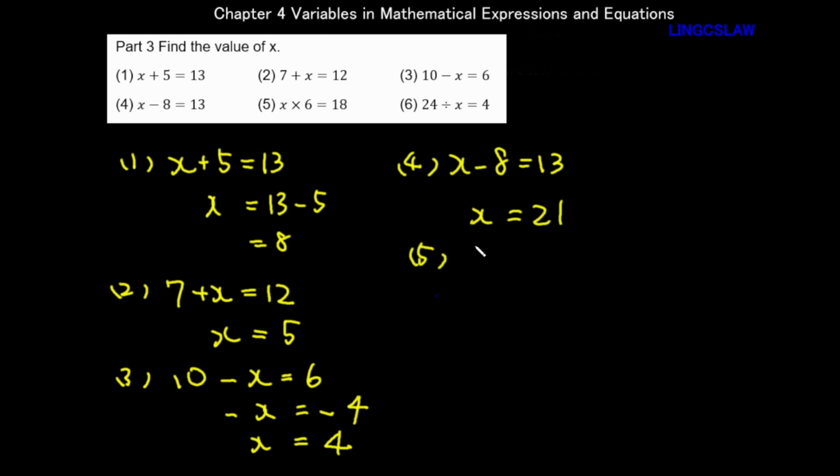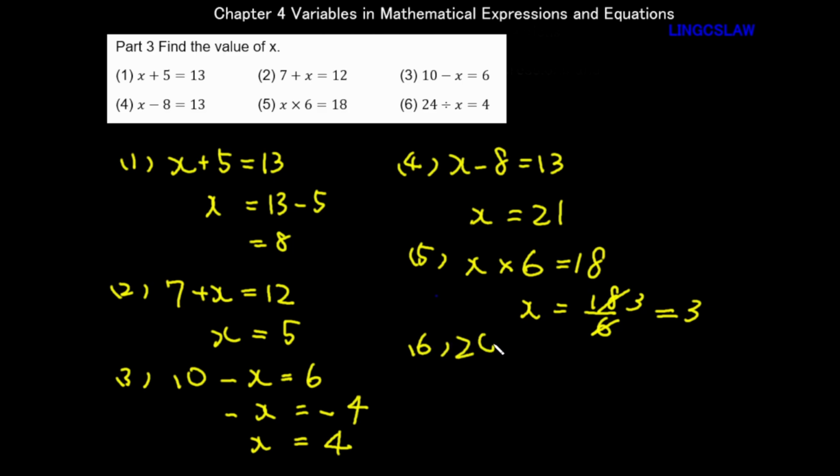Number 5. x times 6 equals 18. Okay, let's divide both sides by 6. x equals 3. And finally, number 6, 24 divided by x equals 4.